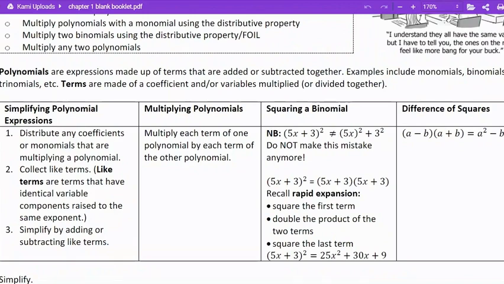Polygon, many sides. Polyamorous. What is that? More than one, multiple partners, right? So poly means many. Nomial, what do you think nomial stands for? Everyone's going to say numbers. It's not. It's terms. So many terms. That's what polynomial stands for. Okay.